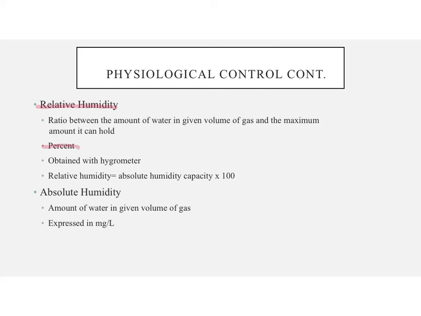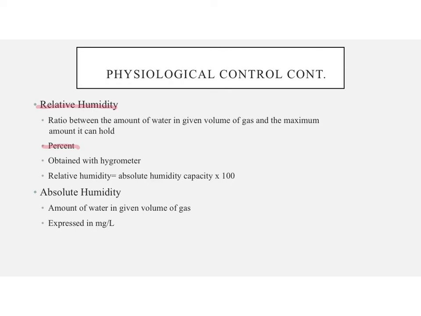The only way that you can truly obtain the actual relative humidity is by using a hygrometer, and that is going to measure the water vapor in the gas. So relative humidity can be obtained after using the hygrometer by taking the absolute humidity measurement and then using this equation.